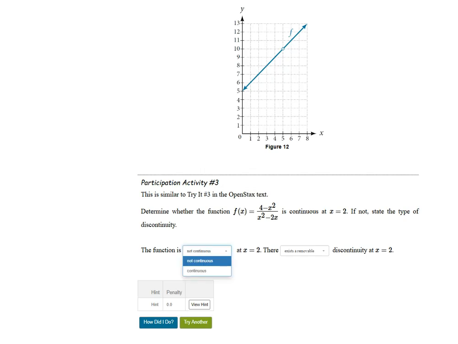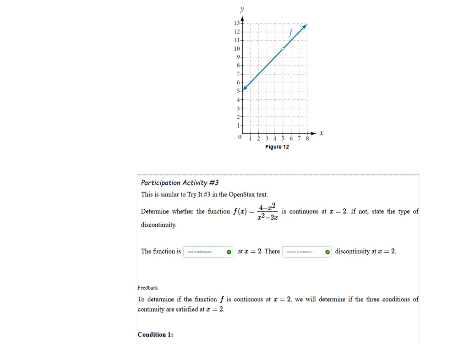You either say it's continuous or it's not, and I know it's not continuous because it has a hole at x equals 2. Then it asks whether there is no discontinuity, a jump, or a removable one, and it's the removable on this one. So there you go. Okay.